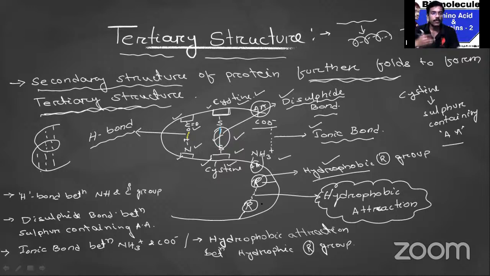Due to that, the protein goes on folding and refolding, and ultimately forms another level of coiling. That structure of the protein is called the tertiary structure.